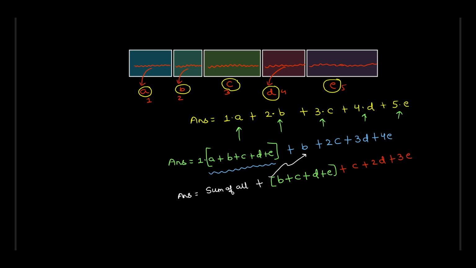But what is this number, B plus C plus D plus E? This is nothing but the suffix sum that starts at this block. This is the starting point of the suffix sum.